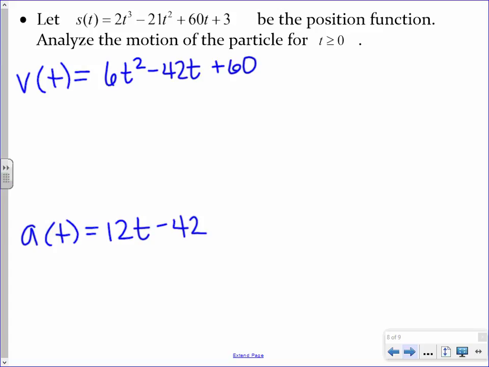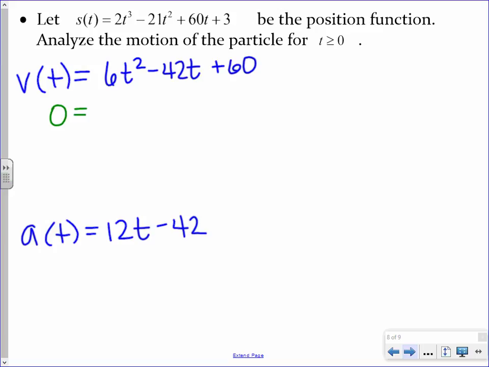We don't have a graph, we just have the equation. What do we need to do to it? Set it equal to 0. We need to set it equal to 0, and then we can figure out where our velocity function is positive versus negative. So we'll set it equal to 0.